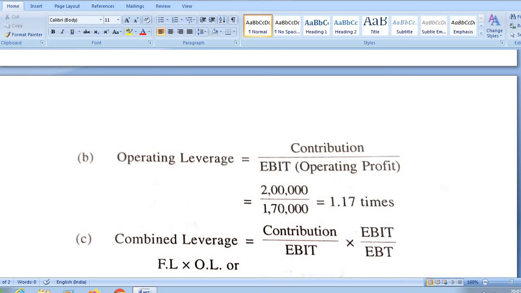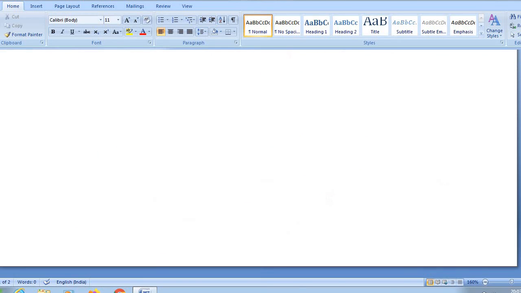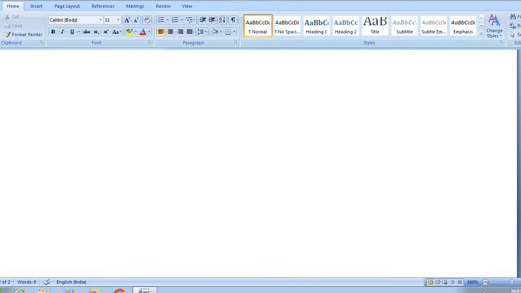So 2 lakhs divided by EBT, which is 1,55,000. You will get an answer of 1.29. Either you can go for 1.09 into 1.17, or you can go for the formula, that is contribution divided by EBT, which will fetch you 6 marks. Thank you.